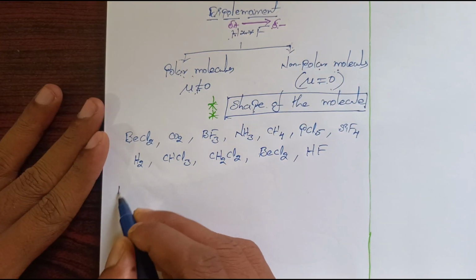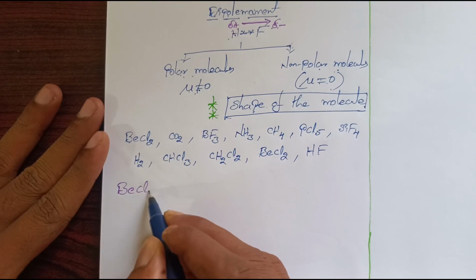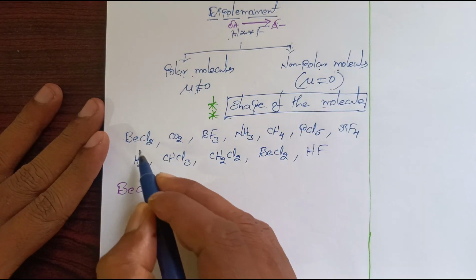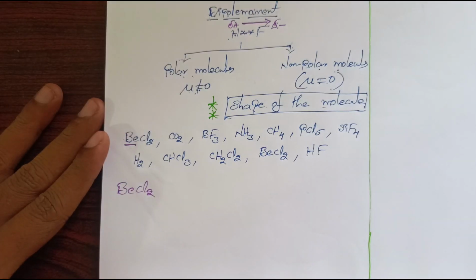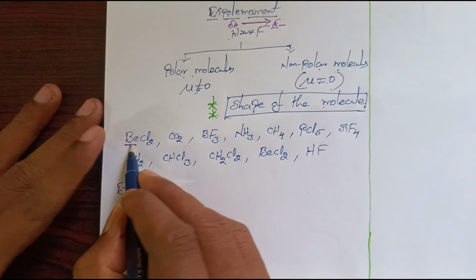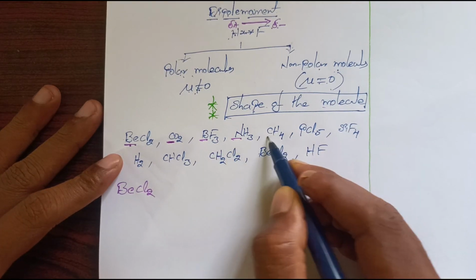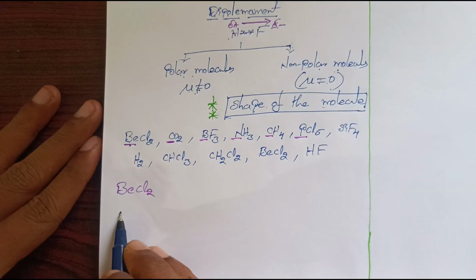BeCl2. What is the shape of BeCl2? If you want to know the shape of a molecule, it is compulsory to identify the central atom. What is the central atom here? Beryllium. In the others, carbon, boron, nitrogen, methane, phosphorus are the central atoms.